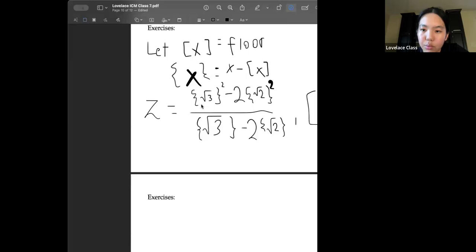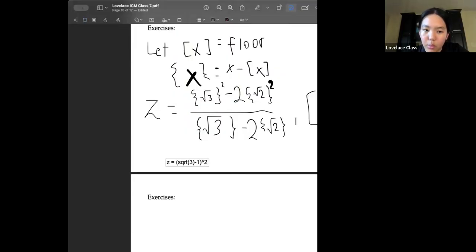Right. Because we know that the floor of root 3 is equal to 1, because root 4 is 2 and root 1 is 1. So the fractional part of root 3 is going to be equal to root 3 minus 1.